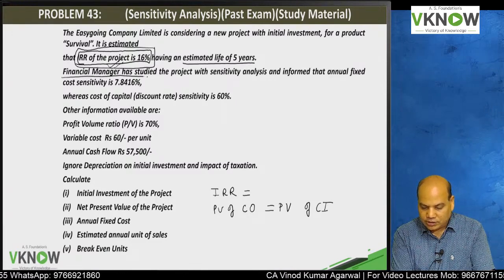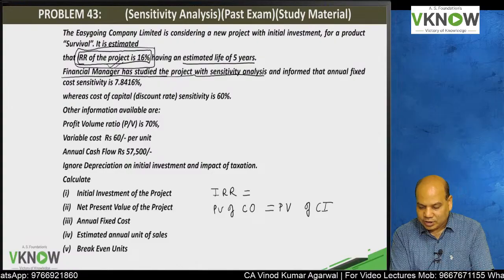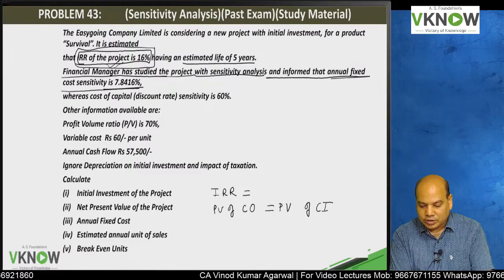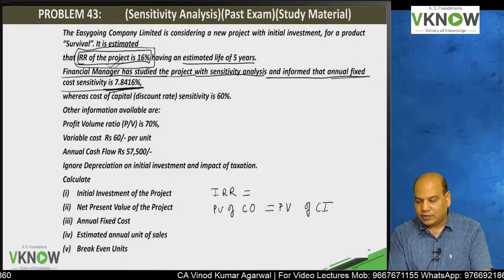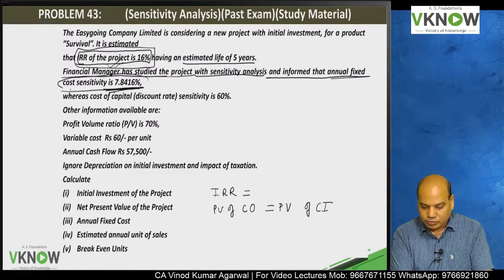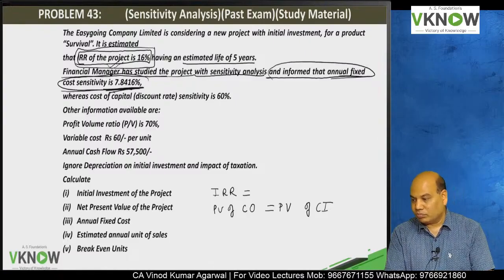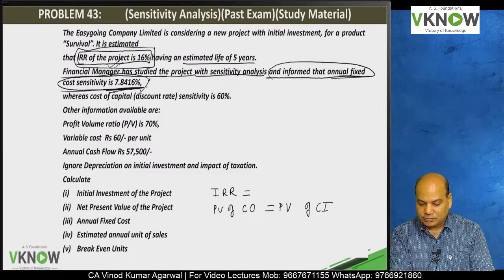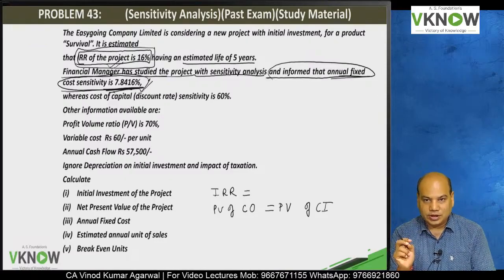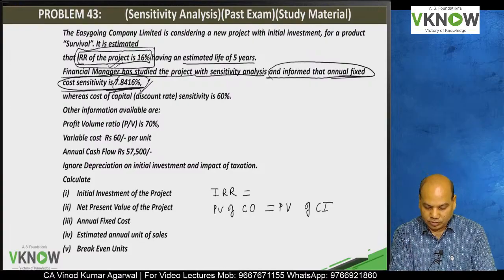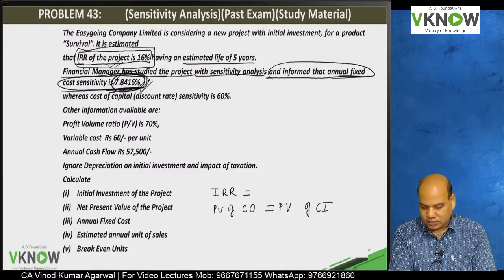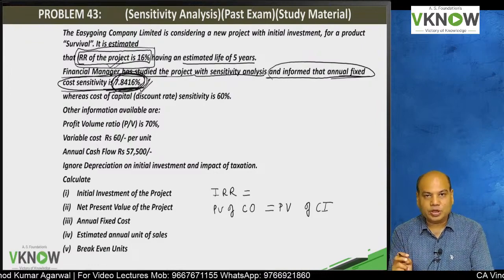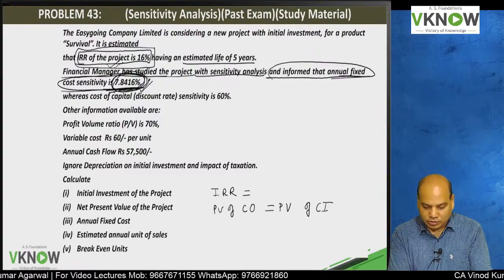The financial manager has studied the project with sensitivity analysis and informed that annual fixed cost sensitivity is 7.8416%. What do you mean by this? It means that if fixed cost increases by 7.8416%, NPV will be 0.